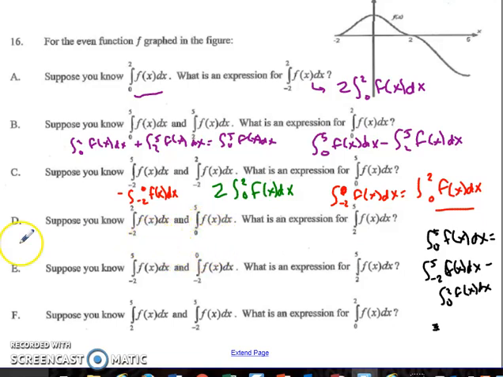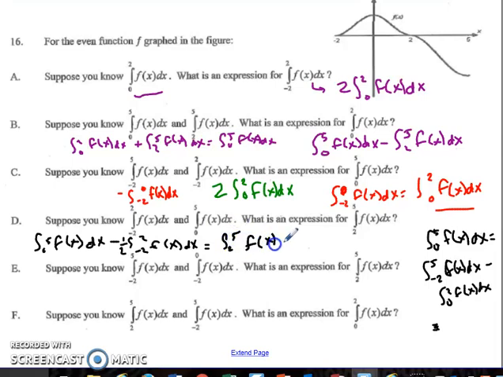We're going to take the integral from 0 to 5. We are going to subtract off half of the known integral from -2 to 2. And that will get us the actual integral just from 2 to 5.